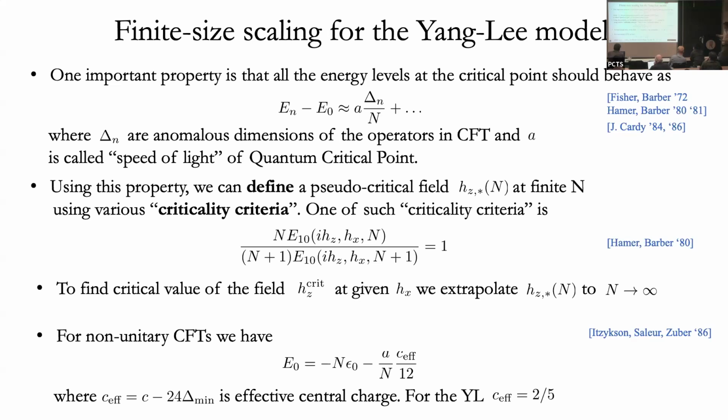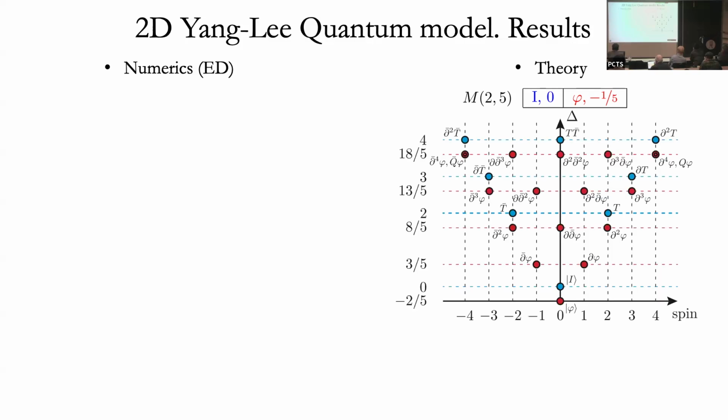All right, so what are our results? These are results we obtained for smaller systems before. Theoretically, we can look at the M(2,5) model. We know there are two primary fields, the identity and the field phi, and we can construct all the descendants. What is remarkable about this model is this table of descendants. This axis is the spin, and this is the anomalous dimension. We start with -2/5, which is phi, then 0, which is the identity.